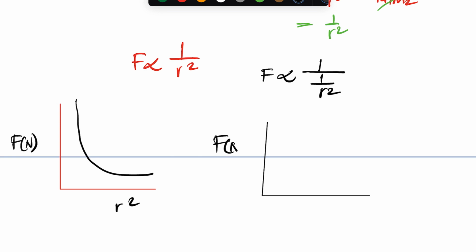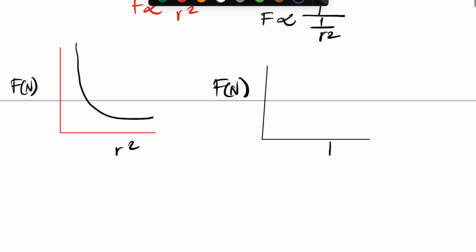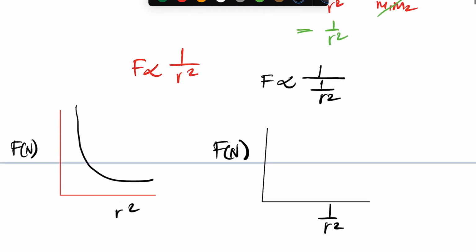It's force here, and now it's going to be 1 over r squared. So when we say the force is directly proportional to an inverse, they become directly proportional indeed. So the gradient is going to be like that. It's going to be a curve that cuts through the origin.